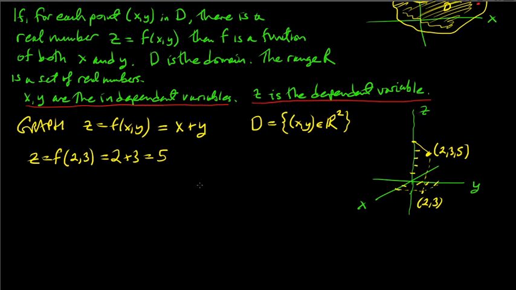So to do the graph, let's say this is the xy plane now, and then this is the z-axis. So to graph this object, and this is going to be a two-dimensional surface in 3 dimensions.